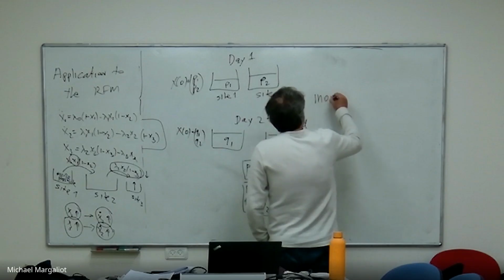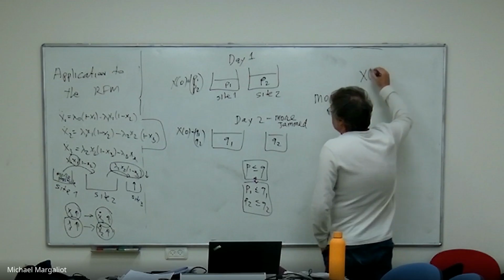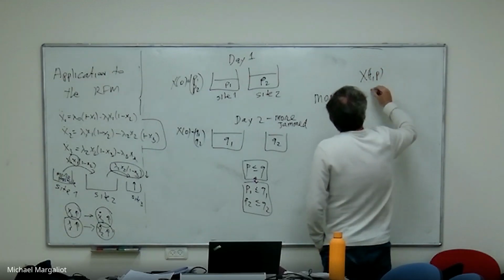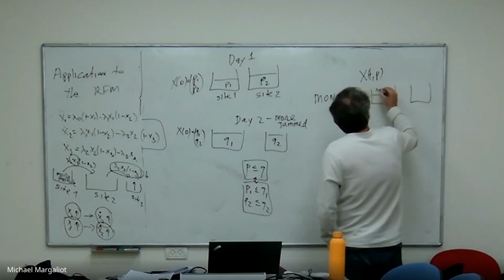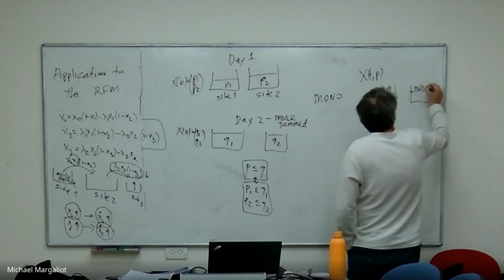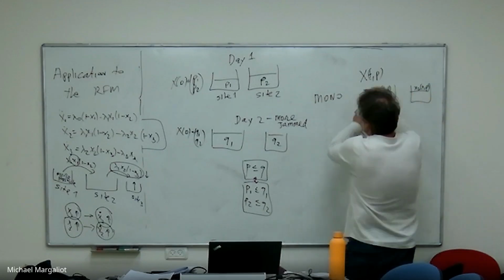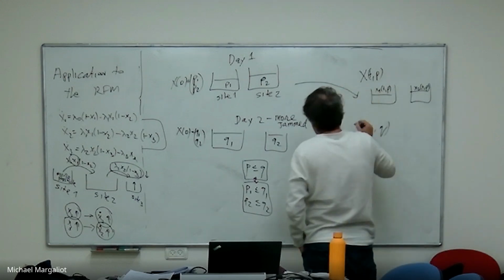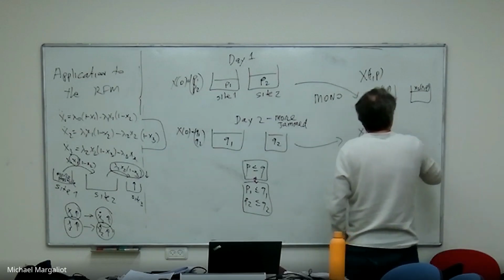Now, the RFM is monotone, so we know that, fix some time T, and then here you have X1(T,P), and here you have X2(T,P), and here you have X(T,Q). This is the solution from here, time T, and this is the solution from here.